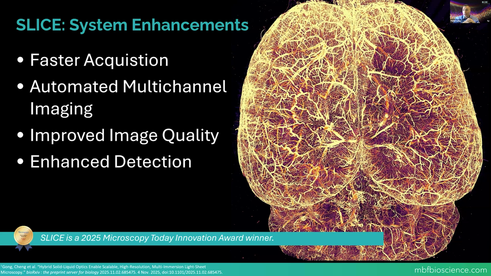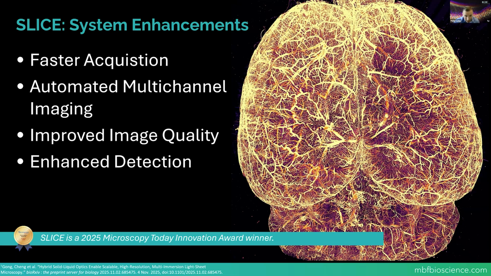Optical design improvements extend the high-quality image across a larger field of view, while the use of a backside illuminated camera, with very high QE, enhances the sensitivity for low fluorescent signals.